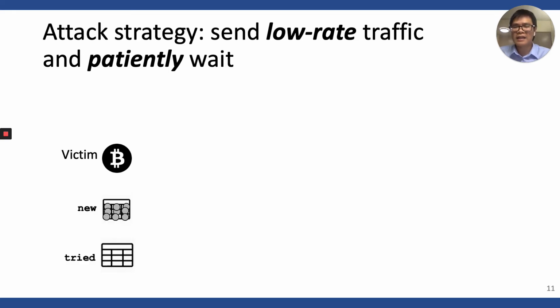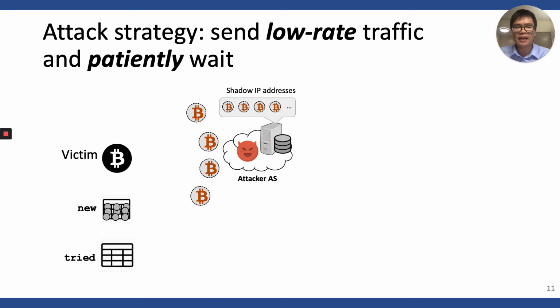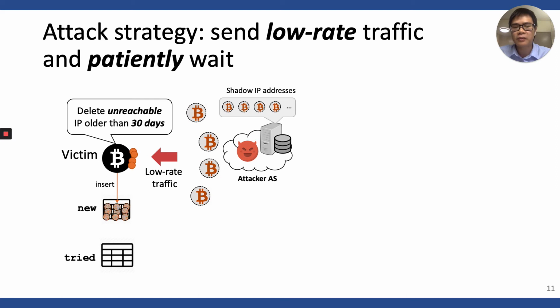Our attack strategy is simple. The attacker simply sends low-rate traffic of shadow IPs to the victim and patiently waits for them to fill up the tried table. For occupying the new table, the attacker keeps sending the shadow IPs with low-rate traffic to the victim to replace the unreachable IPs in this table. And this is possible because unreachable IPs are usually deleted after 30 days.